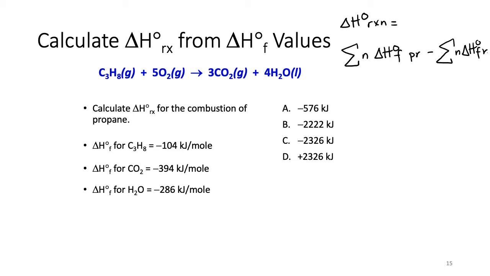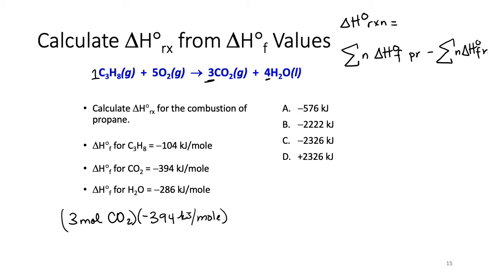I look at what I have: 3 moles of CO2, 4 moles of water, 1 mole of propane. So it's moles. I have 3 moles of CO2, and 1 CO2 is worth negative 394 kilojoules per mole.